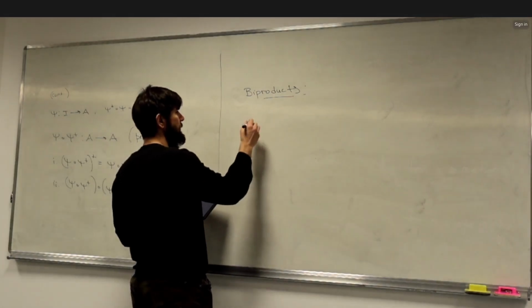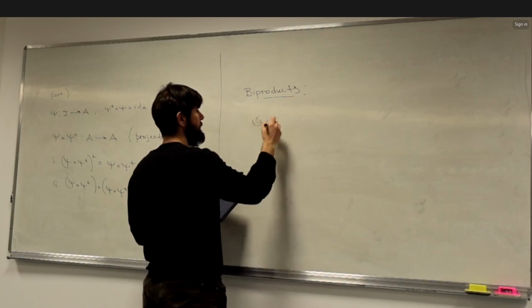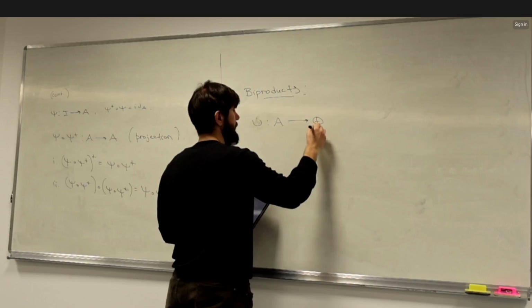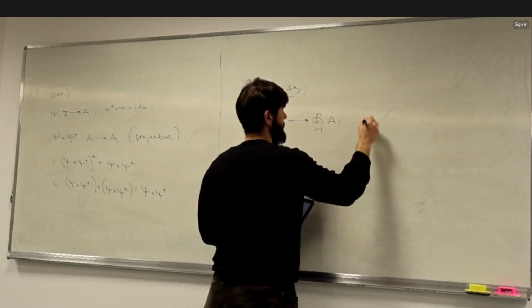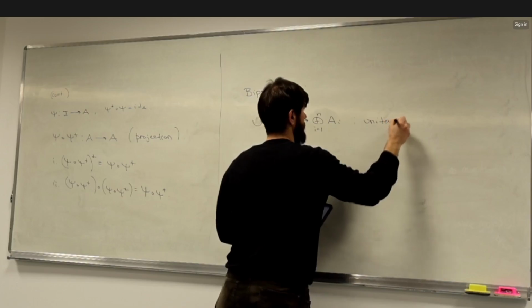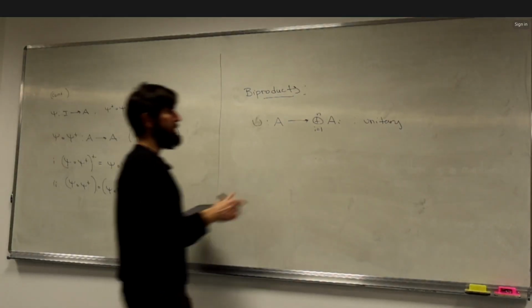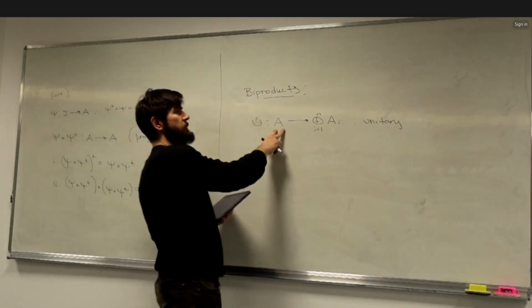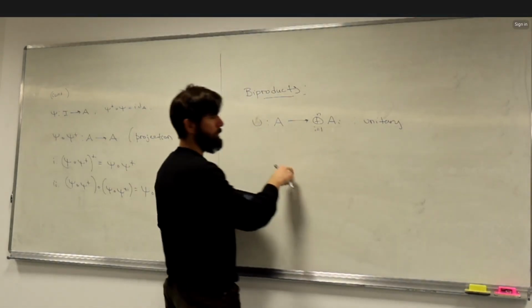Going a little bit off script, if I have, for example, some unitary U, just to give you an overview, that maps from A to the direct sum over i equals 1 to n, where this is some unitary. This is perhaps like a spectral decomposition. I can think of this as decomposing A, which is like a Hilbert space, into a direct sum of its one-dimensional subspaces.